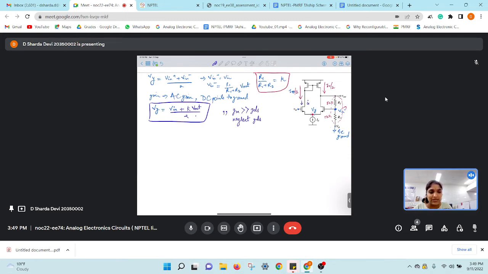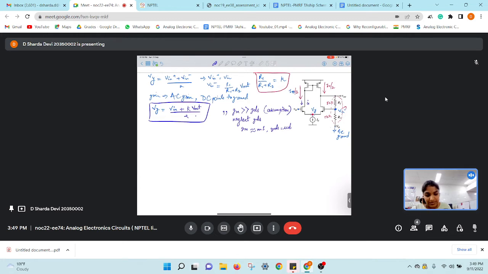That is the only reason we are going ahead. And in general you can observe that GM is in millisiemens, whereas GDS is mostly in microsiemens. So there is a 3 orders of difference, so we can safely assume this, right? So this is the assumption, okay?